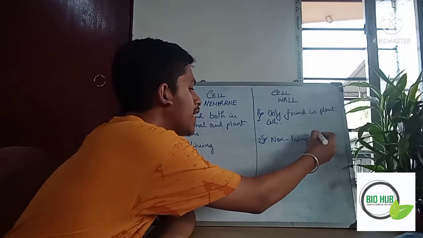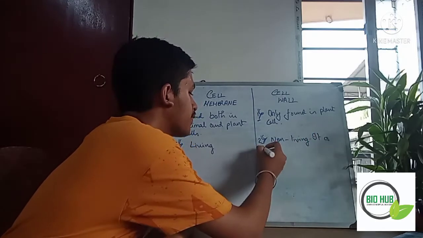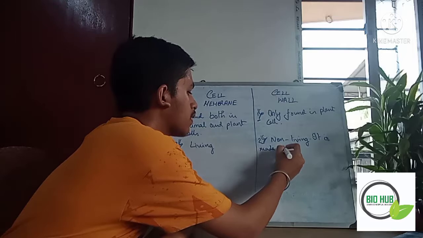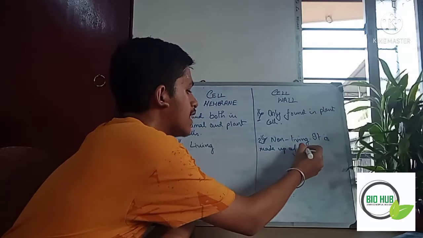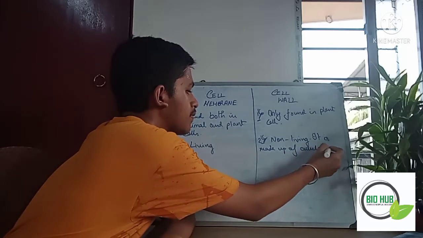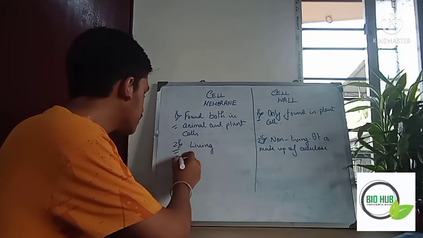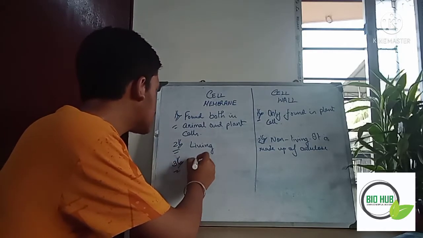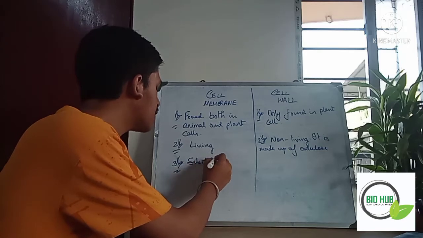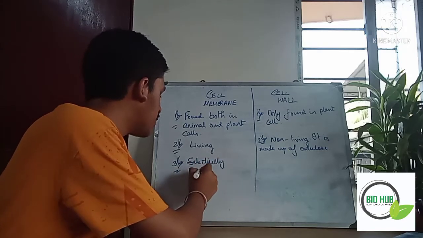It is made up of cellulose. The cell wall is selectively permeable.